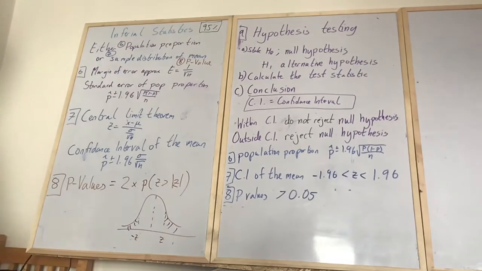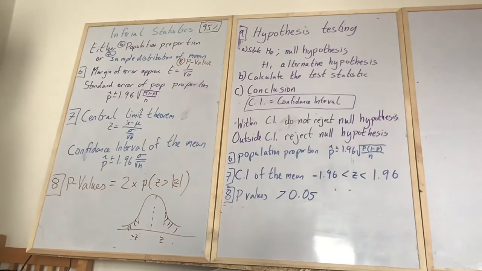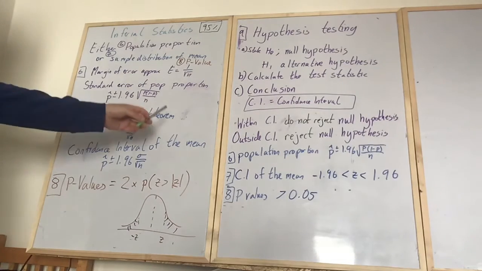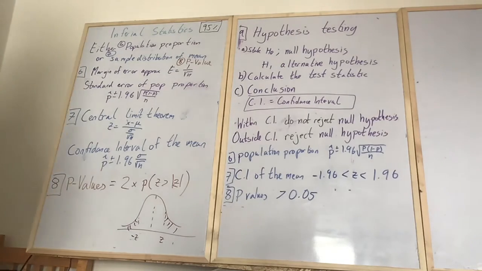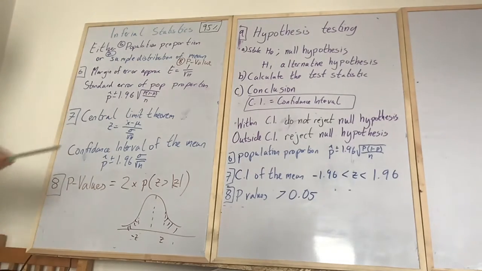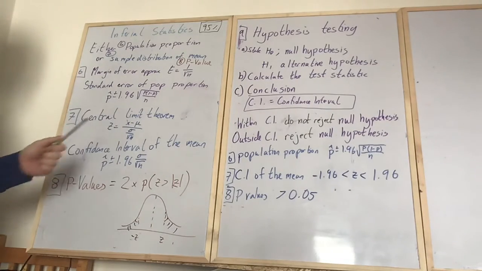The second part of inferential statistics we will look at is the sample distribution of the mean. The first thing we need to do is understand the central limit theorem and know some of its properties, such as we would use this theorem when there's a large set of numbers where n would generally be greater than 30, or if it says in the question that it follows normal distribution.